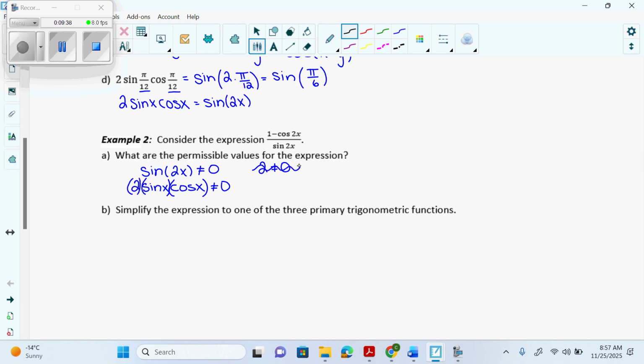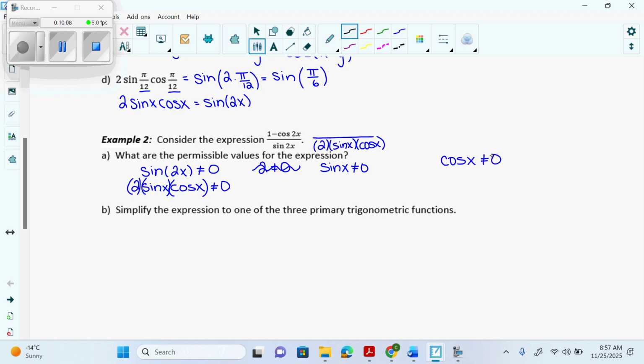The only place we get restrictions is when there's a variable involved, not a number. 2 can't equal 0, true statement, so no restrictions for that. Then I have my other two. Sine x can't equal 0, as if it equals 0, my denominator would be a problem, because technically I have on the denominator 2 sine x cos x. And then the other one, cos x can't equal 0.